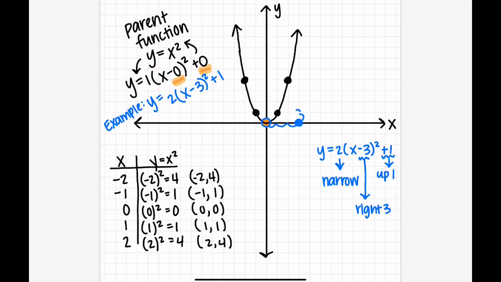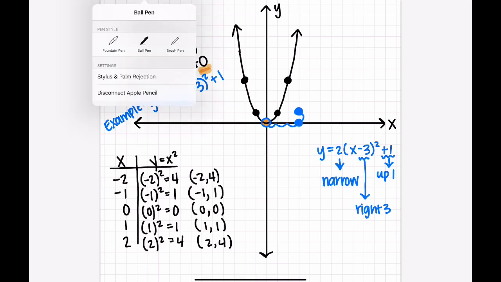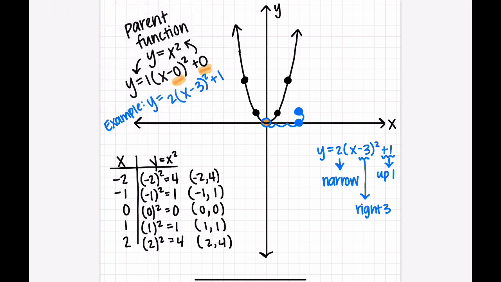Then we have to go up 1, and that's our new vertex.